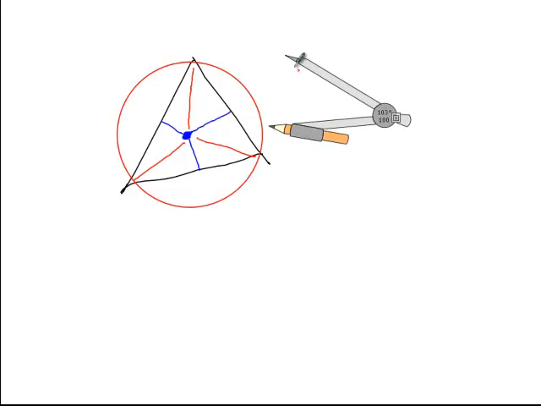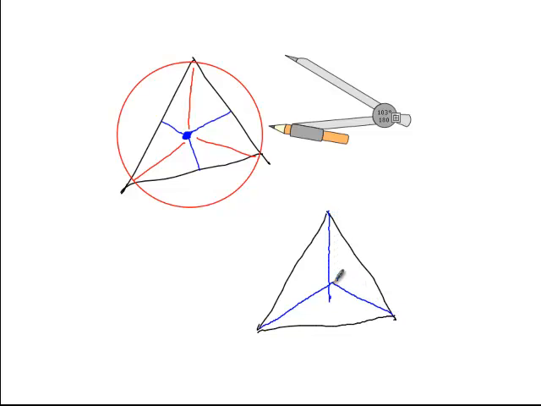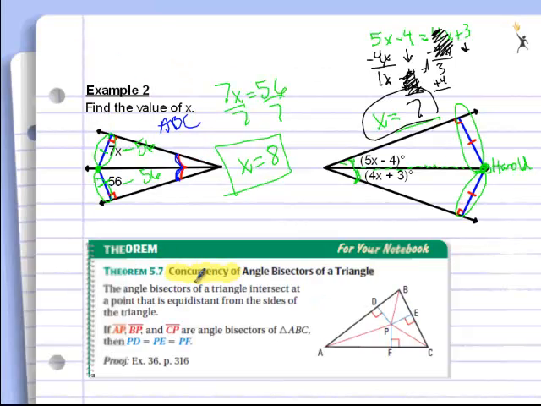Today what we're going to talk about is the concurrency of the angle bisectors. So let's take a triangle. And now we're going to be talking about the angle bisectors. And what you're going to see is that point, called the concurrency, has a characteristic very similar to the concurrency of the perpendicular bisectors. Let's take a look at it. The angle bisectors of a triangle intersect, which we can see right here.